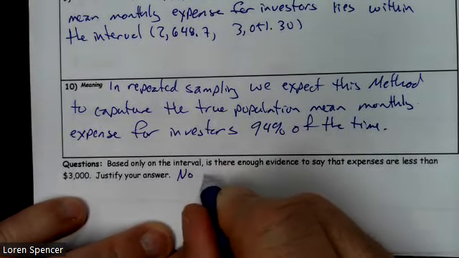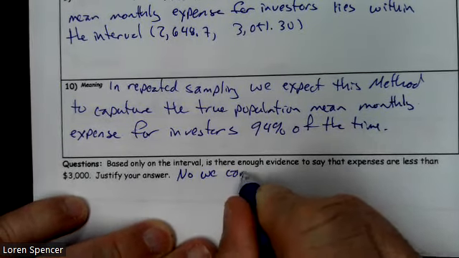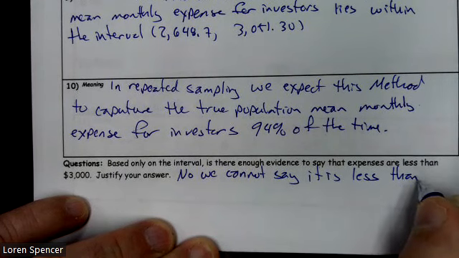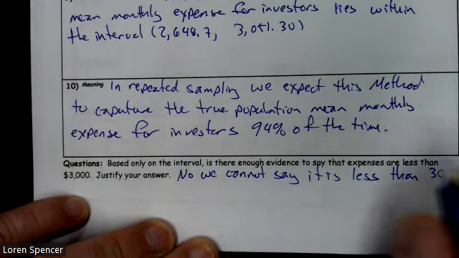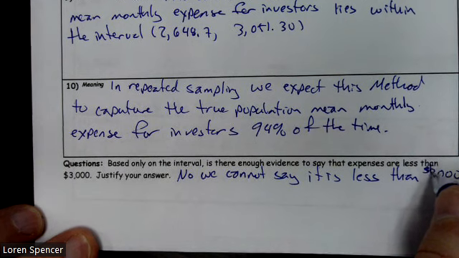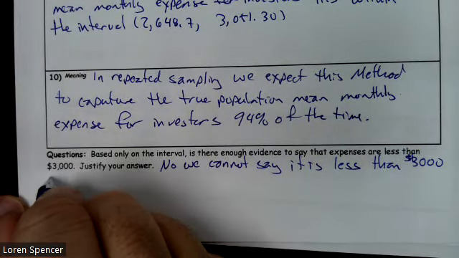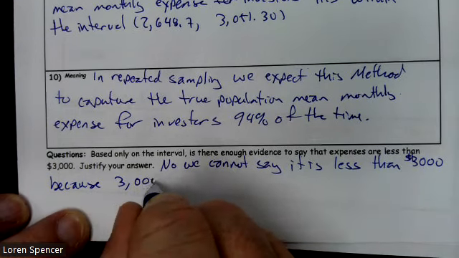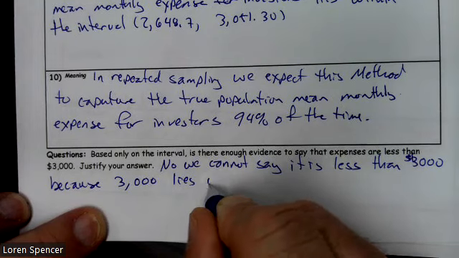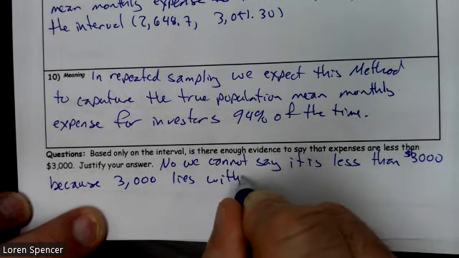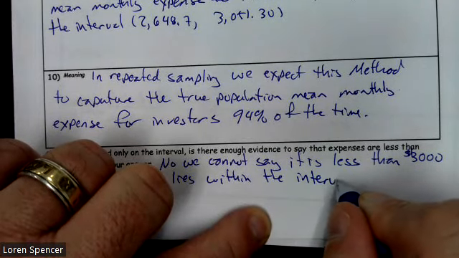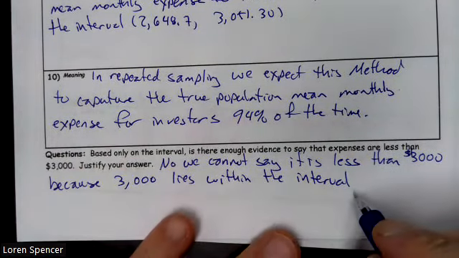No. We cannot say it is less than $3,000 because 3,000 lies within the interval, which makes it a plausible value.